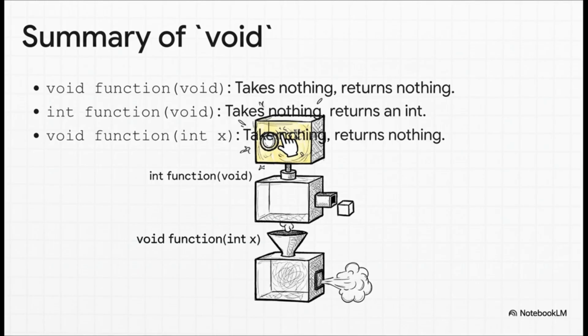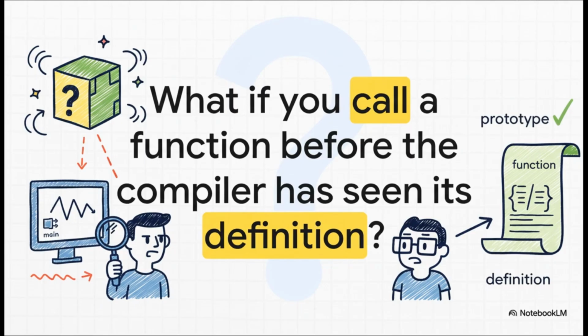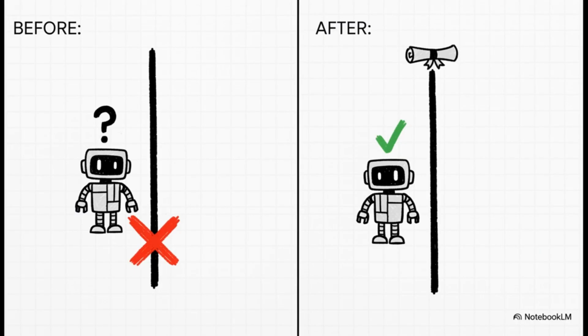Okay, so this all leads to a really common problem, especially as your programs start to get bigger. What do you think happens if you try to use one of your magic boxes, call a function in main, before you've told the compiler that it even exists? Yep, you get an error. You see, the compiler reads your code from top to bottom, and if it bumps into a function call it's never been introduced to, it just gets totally confused and gives up.